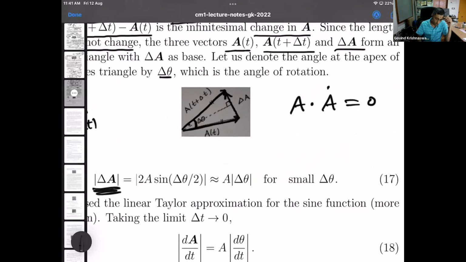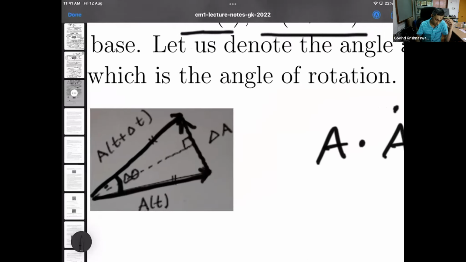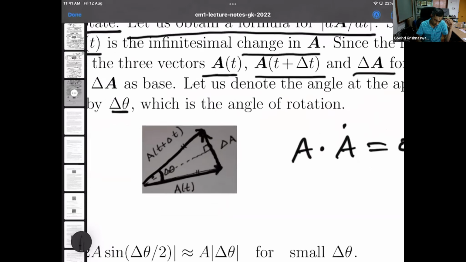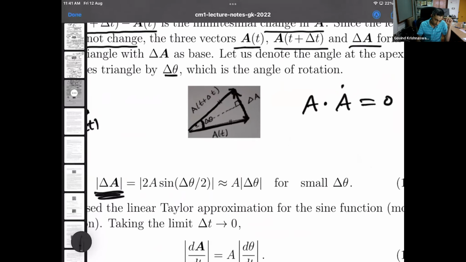Now let us estimate the change in A in magnitude. Well, it is simply the length of the base of this isosceles triangle, and you will agree with me that it is twice this little length, and that little length is given by A sine of delta theta upon 2. I'm just using this angle as delta theta upon 2, and using basic trigonometry, you will observe that this opposite side has length hypotenuse times the sine of the angle.